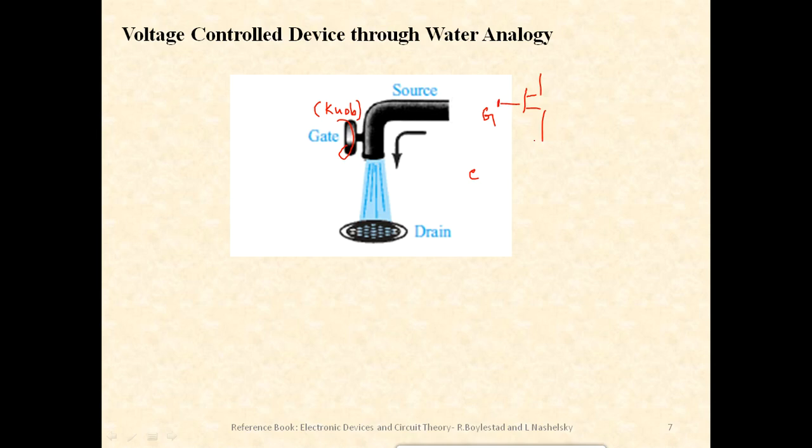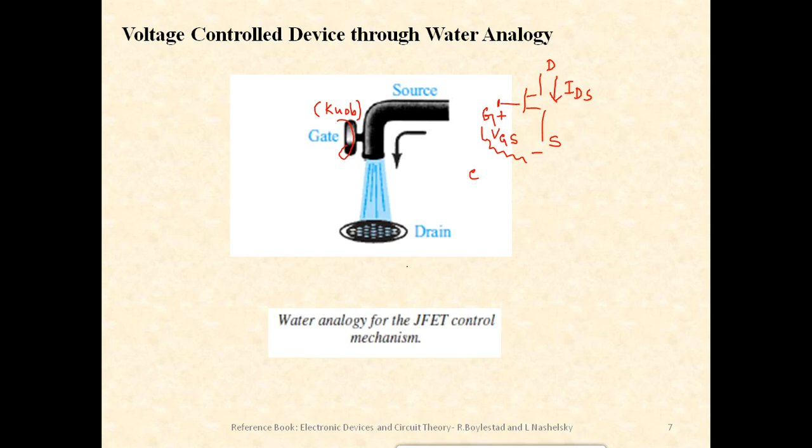If I apply the gate voltage, then the current will be different from source to the drain. That is IDS, and the voltage applied between gate and the source is VGS. So this voltage controls the current from drain to the source. That was a very simple water analogy to understand.